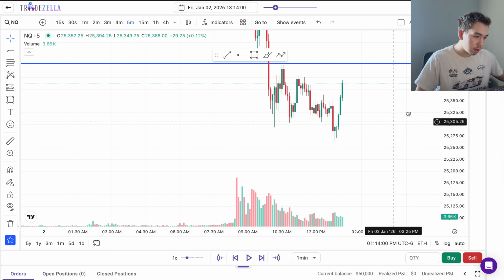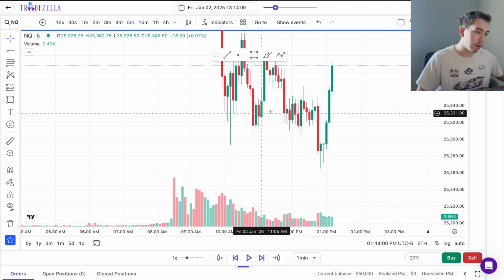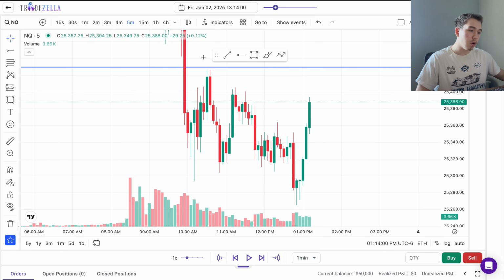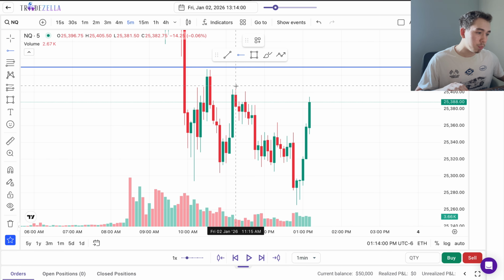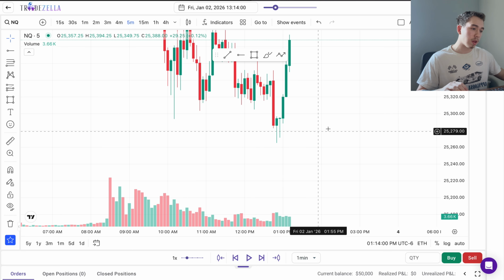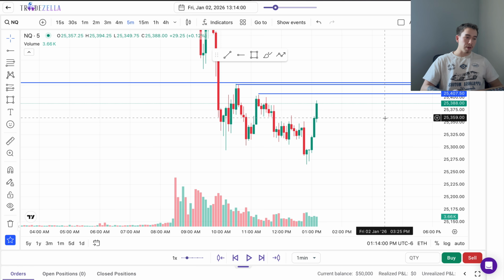Say we come into all of this right now. We really have no clear target of where the market wants to go, besides these highs or the lows down here. So you want to be cautious when you're trading. If you don't have any targets, don't even bother trading.